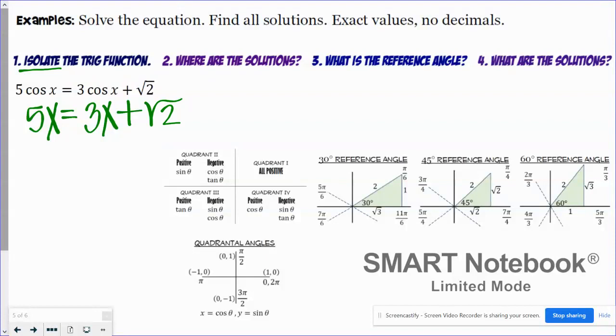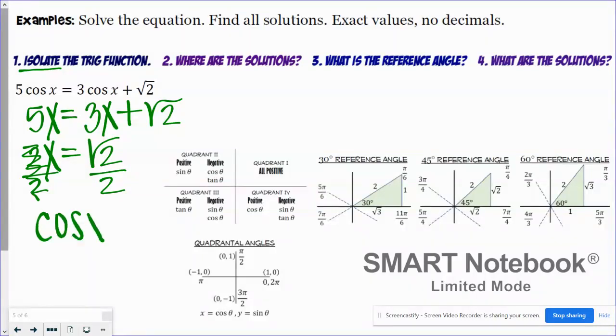So isolate x. Subtract 3x from both sides. You get that 2x is equal to the square root of 2. And then divide by 2 to get x all by itself. And then realize what you really just did was you isolated cosine of x. And cosine of x is equal to the square root of 2 over 2.